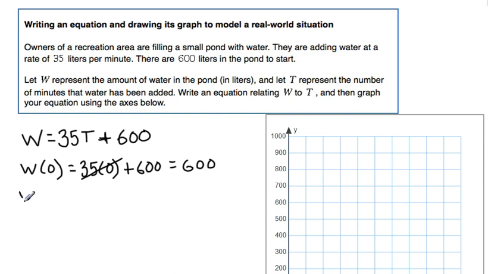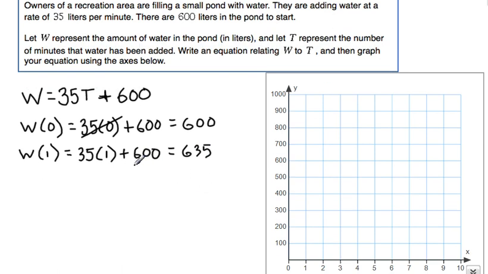All right, let's do the amount of water in the pond after 1 minute. And we would simply plug in 1 for T, so 35 times 1 plus 600, and we get 635 liters. So each minute, the amount of water in the pond is going to be going up 35 liters.